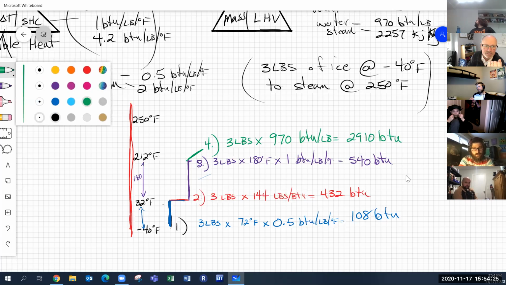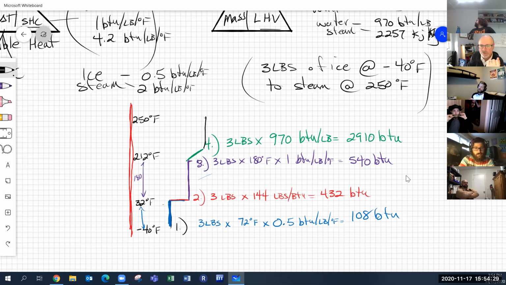I'm going to raise the temperature of that steam up to 250 degrees. That's sensible heat. Take our mass, times it by the delta T between these 2 points, which is 38 degrees. Multiply by the specific heat capacity of steam, which is 0.5.